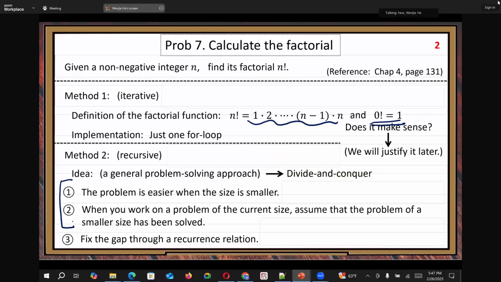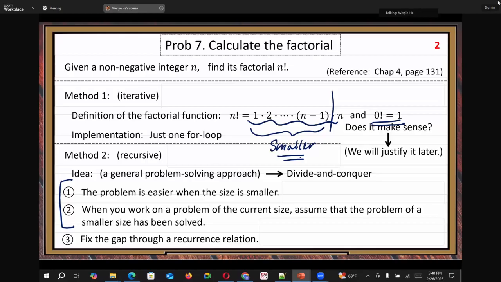So divide and conquer. First we divide this problem into a smaller problem. We cut it somewhere. Then this part is a smaller problem. Smaller, then easier to solve. You can imagine we have solved it.